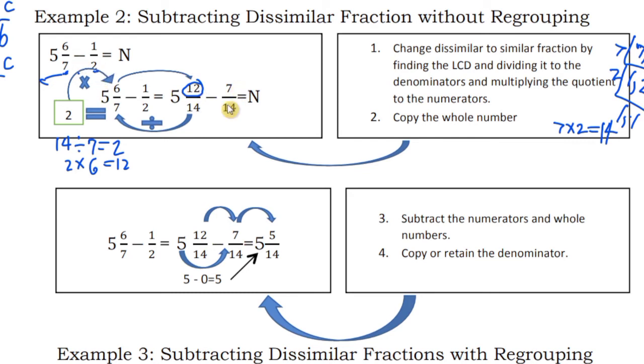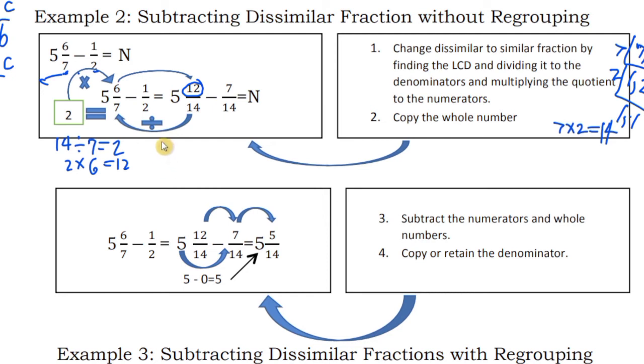Then followed by the next part, the subtrahend. In the subtrahend part, the old denominator is 2, so the new denominator is 14. Our target is that we can subtract the fractions provided that we have the same denominator.